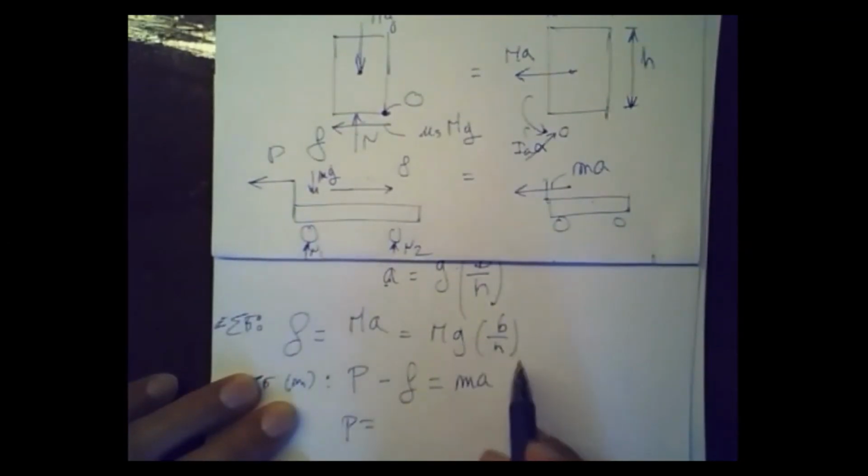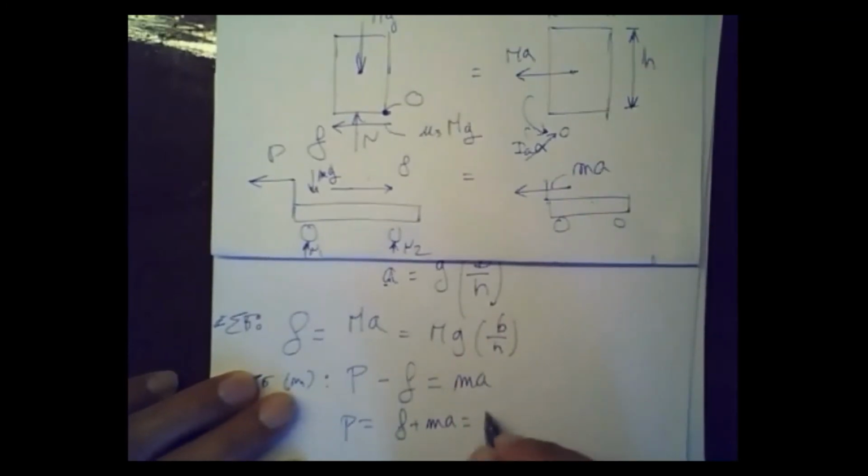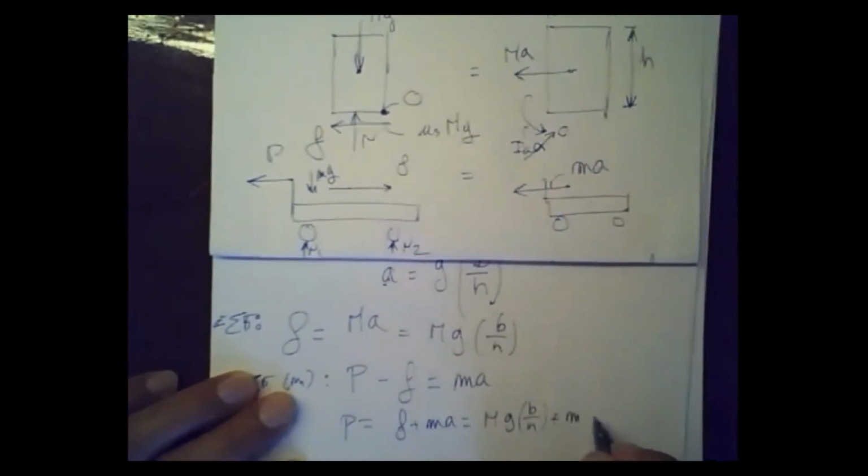What is F? F is equal to m g b over h. So F plus ma, and they have the same acceleration, which is g times b over h. So your friction is m g b over h, and then the acceleration term is M again, g b over h.